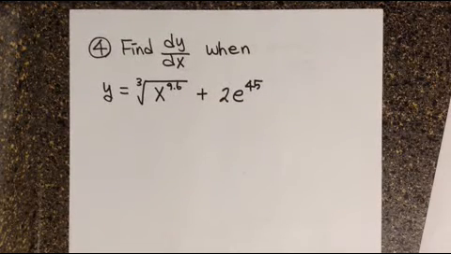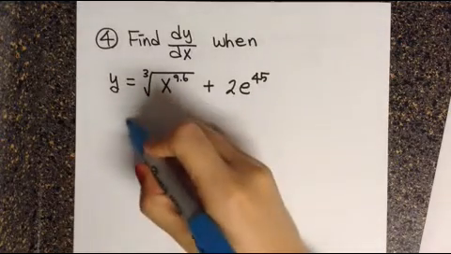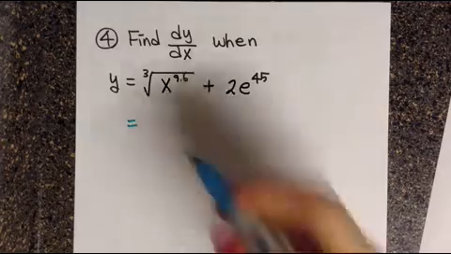Number 4. Find dy over dx when y equals cube root of x to the 9.6 power plus 2e to the 45. Okay, let's rewrite it again.